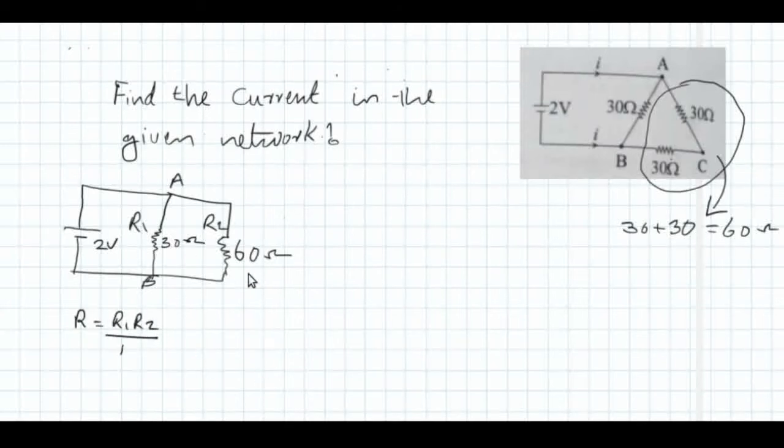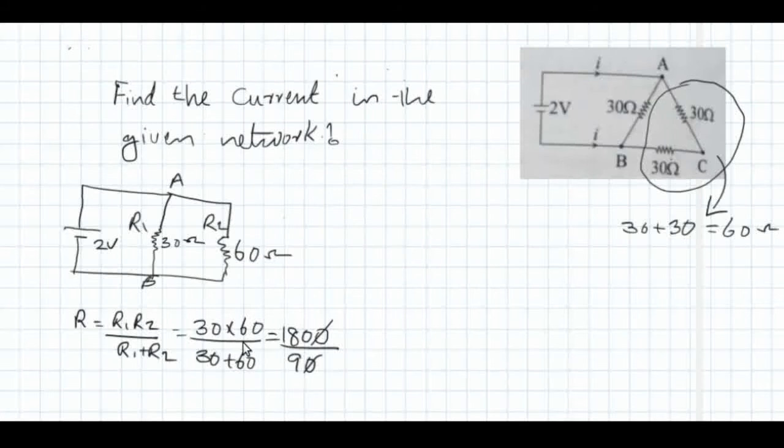When R1 and R2 are in parallel, the effective resistance is R1R2 divided by R1 plus R2. So 30 into 60 divided by 30 plus 60 is equal to 20 ohm. So 20 ohm is the effective resistance of these resistors.